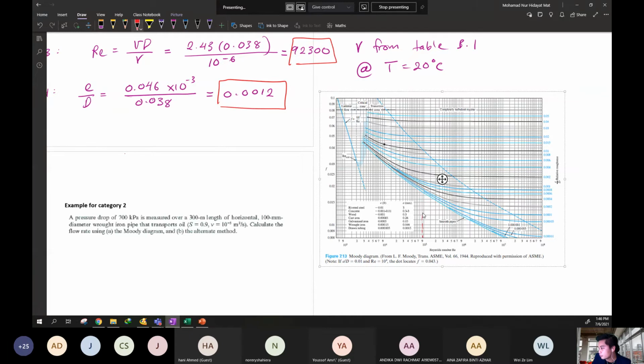So when doing this, you need to use the ruler. And then relative roughness 0.0012. This is 0.002. This is 0.001. Okay, around here.